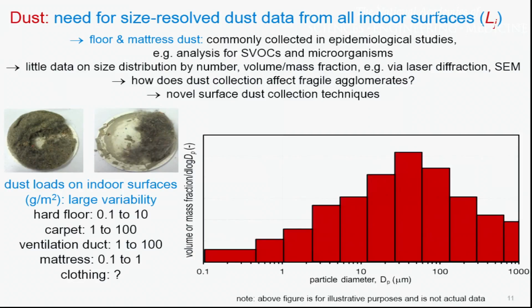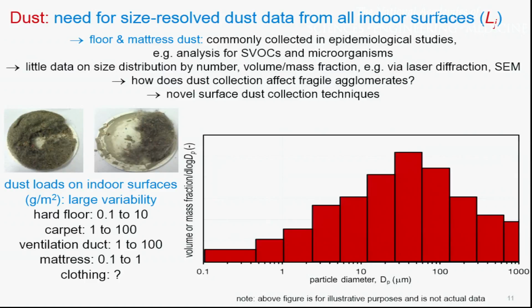So I think there are quite many epidemiological studies where dust from either flooring or mattresses is collected and then analyzed for content of SVOCs or microorganisms. So we have a large body of data, a large database of dust loads and mass fractions of SVOCs and so forth. You can see here some ranges of dust loads.